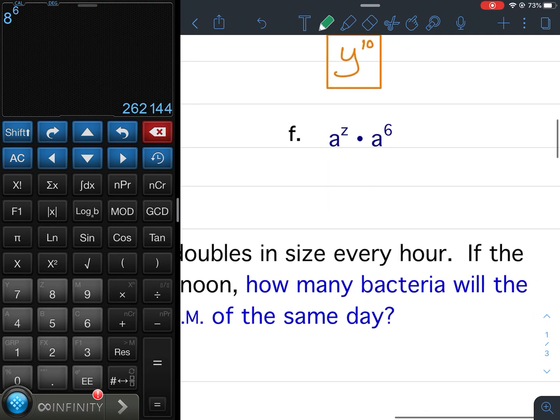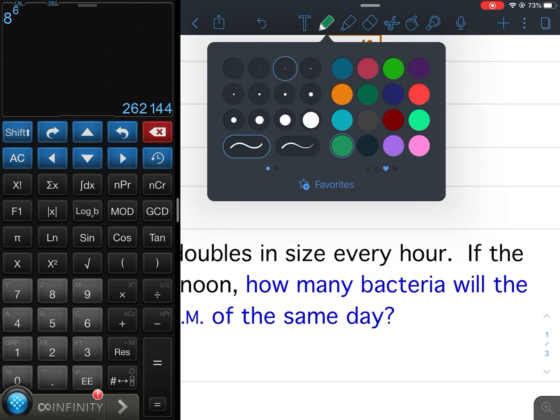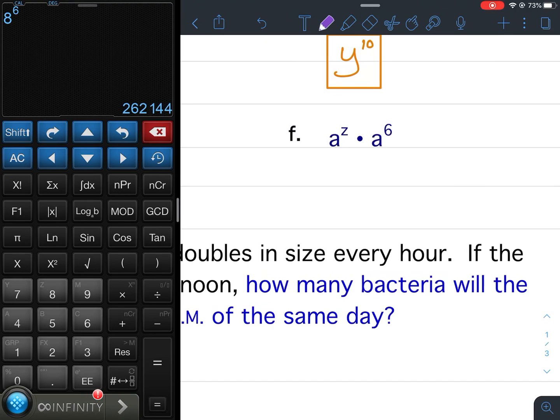And then F is very, very similar to E. I have a base of a, and I'm going to add my exponents, z plus 6. It is very, very crucial now that you put a line through your z.